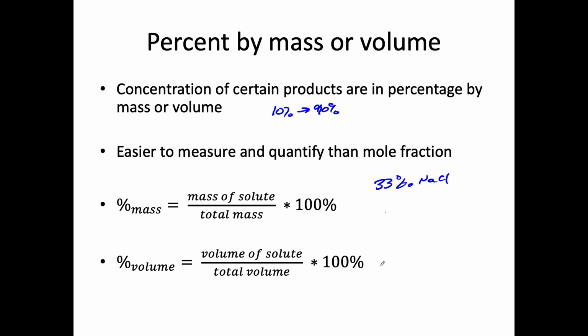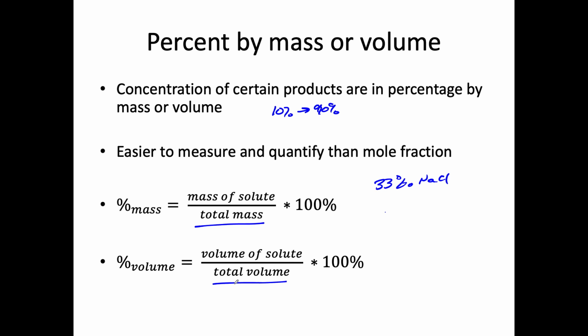Alcohol is usually sold by volume percentage, 45% volume, or 30% volume. So we're talking about 30 mils of ethanol to 100 mils of total volume, or 50 grams of sodium chloride to 100 total grams of substance. This is what I mean by percent mass. Again, we've got total on the bottom, and it has to match the solute: mass and mass, volume and volume. So this is important for you guys to remember.